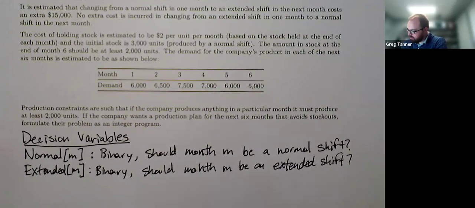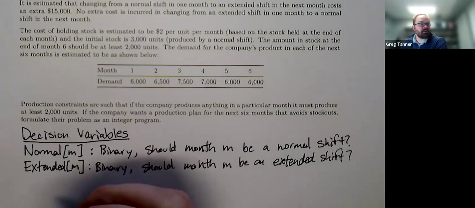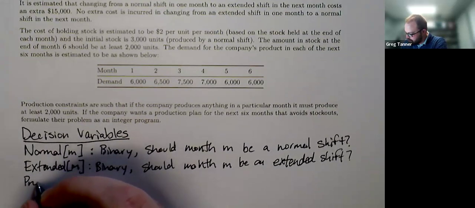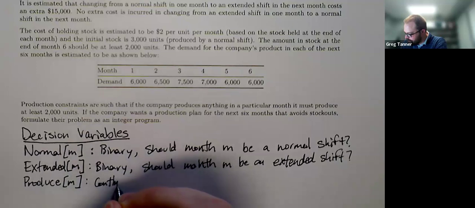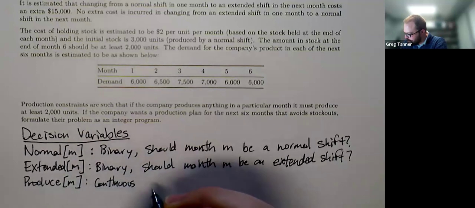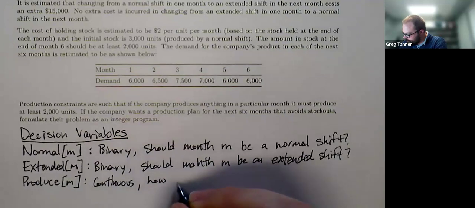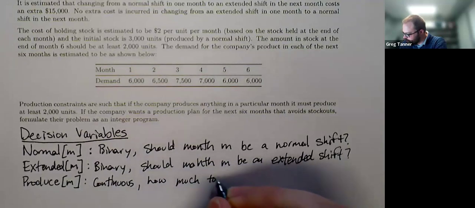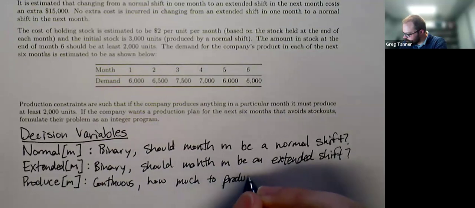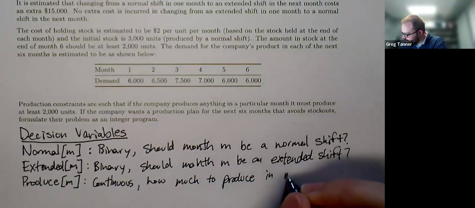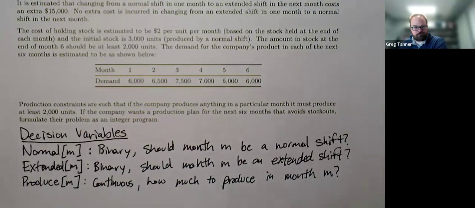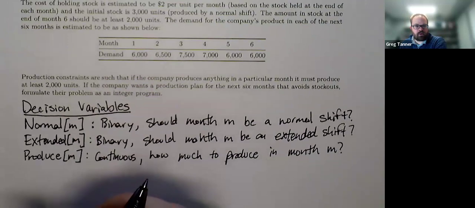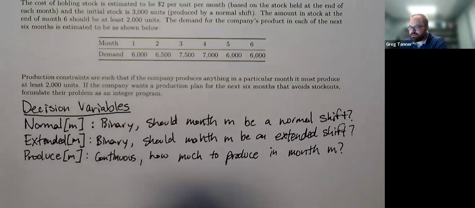Okay, we're going to need a variable that's going to track how much we produce in a month. That's going to be a continuous variable, and that's going to be how much to produce in month M. And then we're allowed to carry over some inventory from month to month.